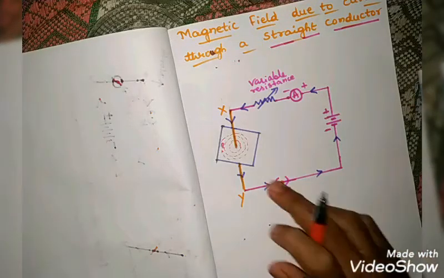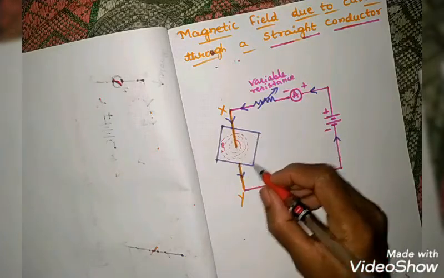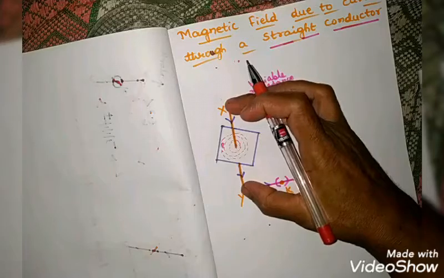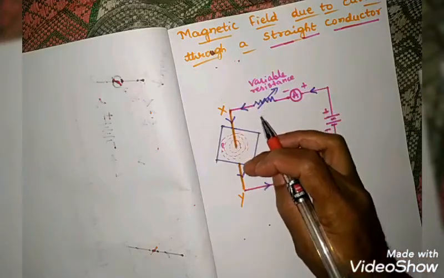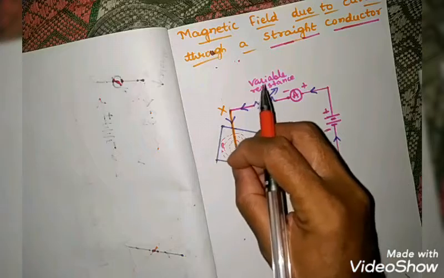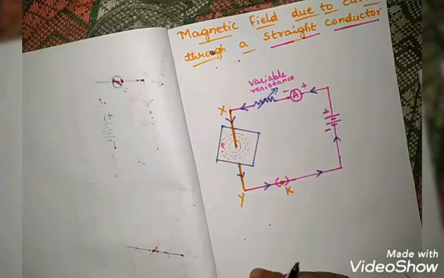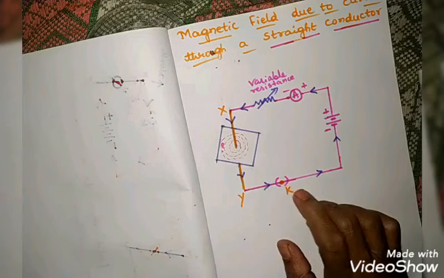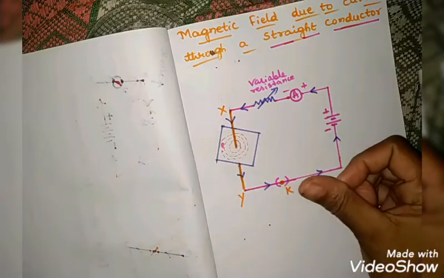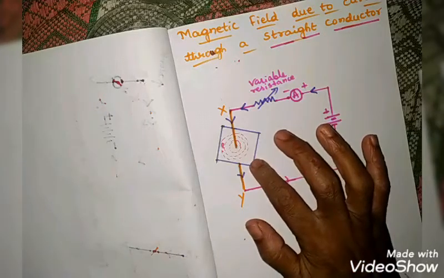First of all, what we have to do is sprinkle iron filings on this cardboard. We are considering a straight conductor here, and over the rectangular cardboard, we sprinkle the iron filings, iron powder, and then the key is plugged and gently tapped.